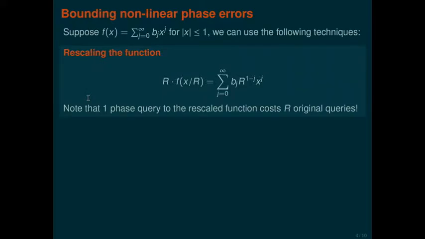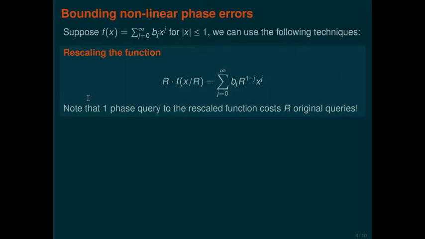So the basic challenge here is to approximate the error and make sure that the linear approximation that I used is actually good enough. So for this, I assume that my function is analytic. And then one trick that I could use is just rescaling the function.